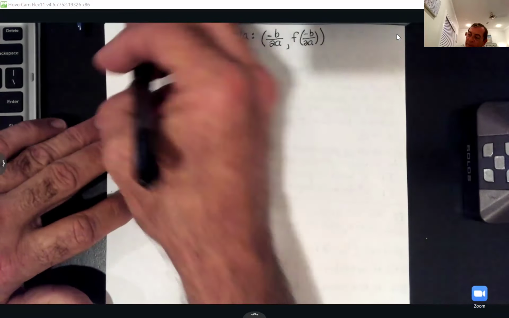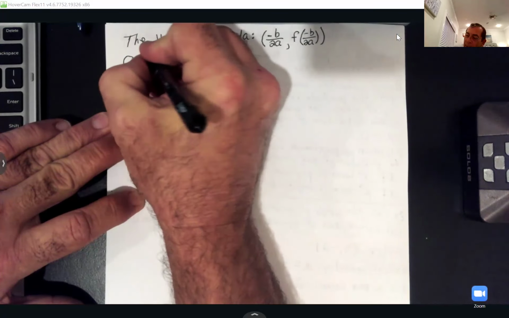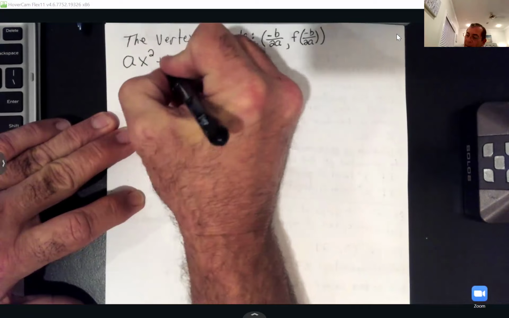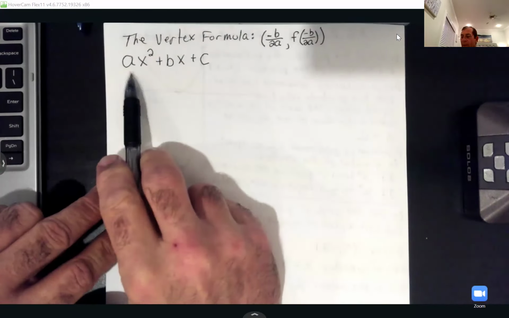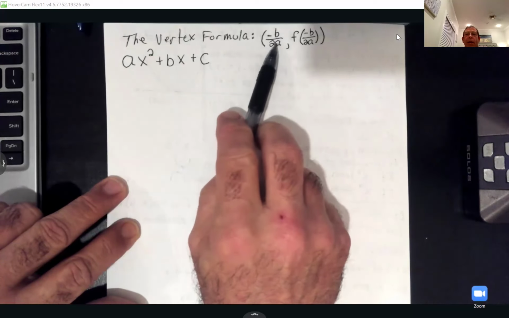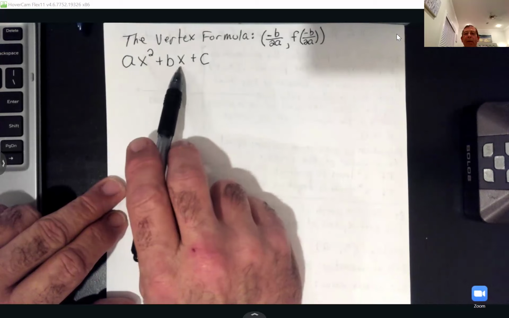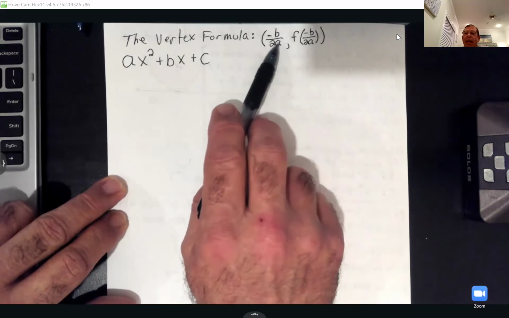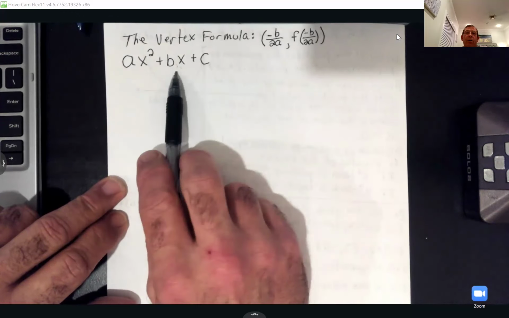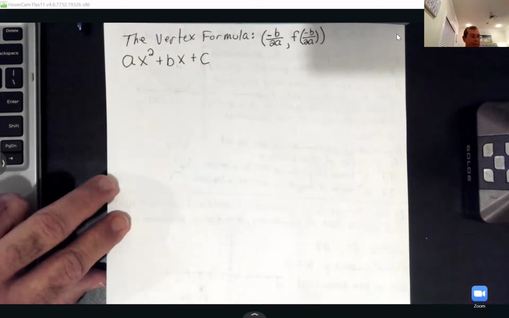Now remember, in the formula, you got a b and an a. A is always in front of the x squared term. B is always in front of the x term. Now the c is not really in the x value of the formula, so your main thing is get that a and b right when you're plugging it in, okay?